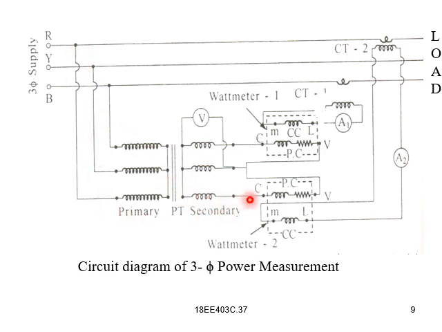R phase is connected to the pressure coil of wattmeter 2, and then it is again connected to Y, and then it is again connected to the pressure coil of wattmeter 1, and then it is connected to B. Thereby the circuit gets closed. It means all the three phases are connected to the pressure coils of both wattmeter 1 and 2.